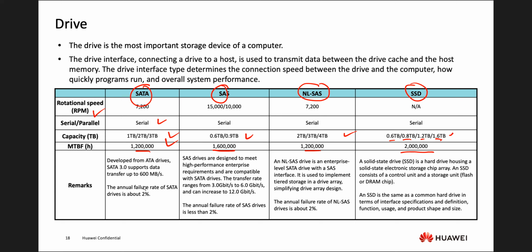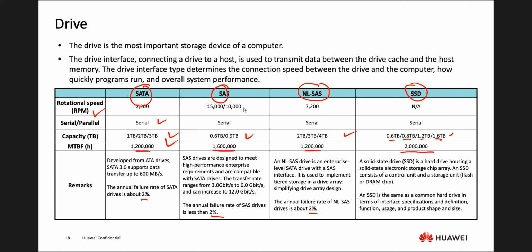And so again, these are just remarks, and it tells you basically the annual failure rate of these drives. But again, you have to consider what you're going to run those drives on, what type of operating system, what type of processing you're going to do on those drives. Okay. So those are the common ways of how you would look at different drives with regards to the speed.